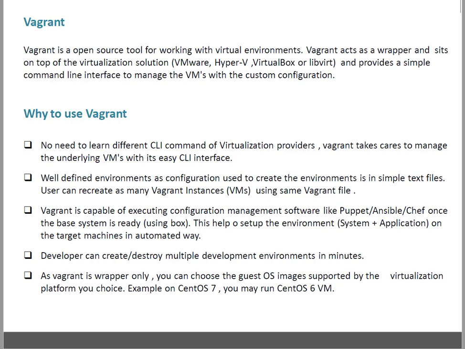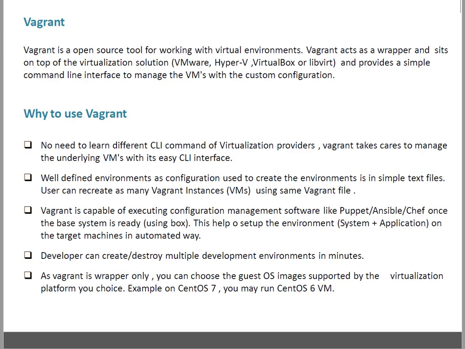Why use Vagrant? The first benefit: no need to learn different CLI commands of different virtualization providers. Vagrant takes care of managing the underlying VMs with its easy command line interface. Let's say you have VirtualBox or VMware or Xen on your machine as the virtualization solution.